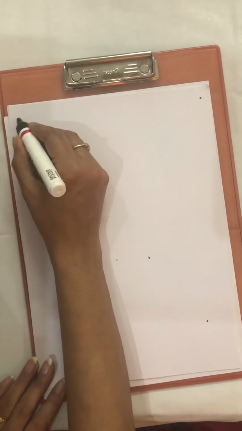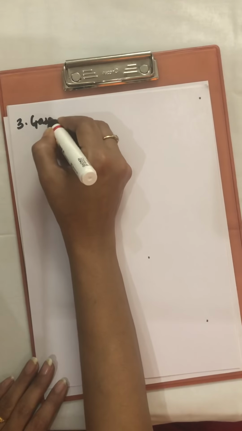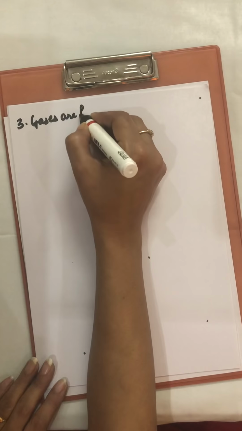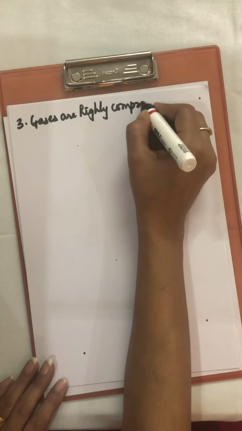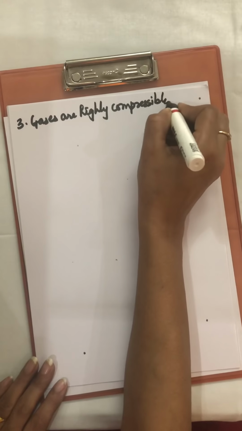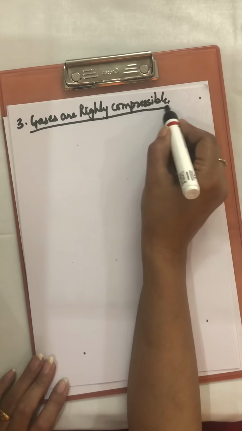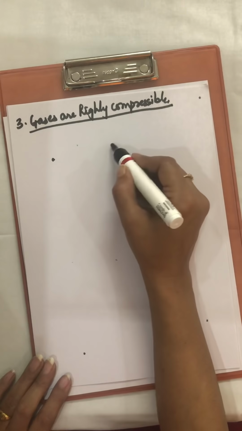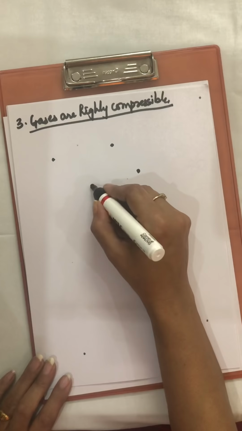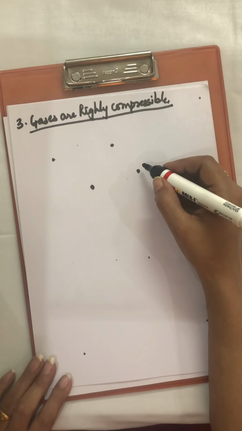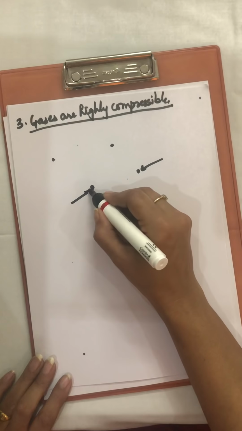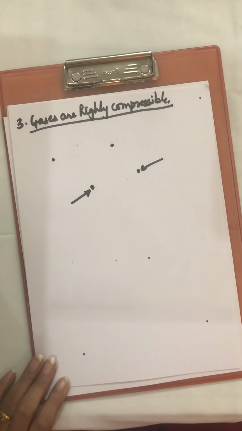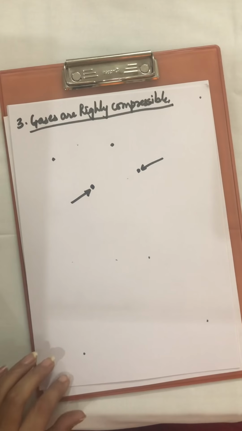The third property of gases is that gases are highly compressible. Again, the reason is that the spaces between the gas particles are so large. When we apply pressure, the particles come close to each other because the force between them can be broken easily.